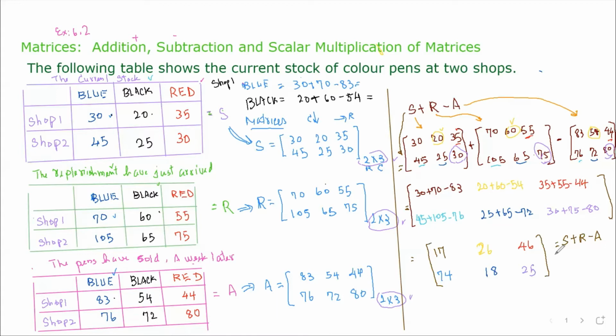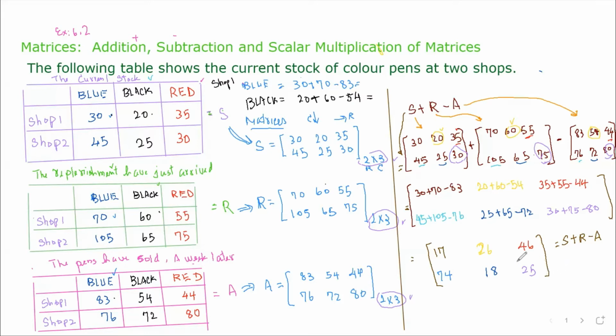So see what cargo is left at final. So that's the amount. You can list 17 represents blue for the first shop, and 74 represents the second shop, for the blue color of the pen, and this is black for the first shop, second shop, and this is the red color for the first shop and second store.